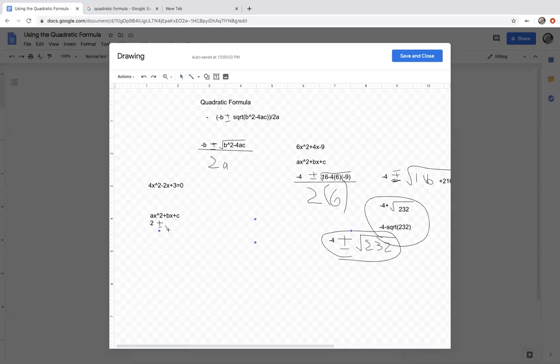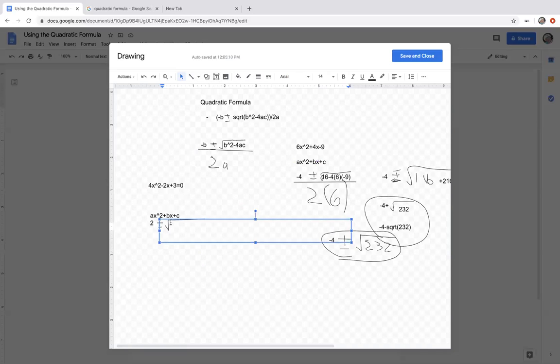Square root of b squared, so b is negative 2, negative 2 squared, that is 4, minus 4 times AC. A is 4. C is 3.